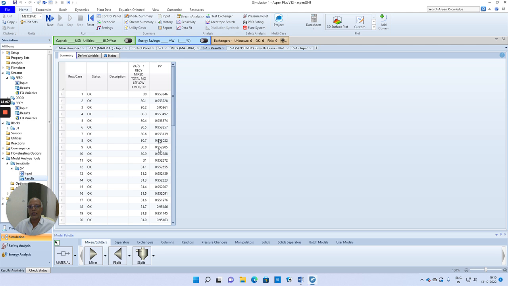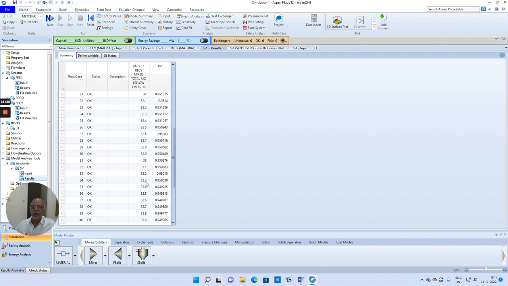So once again, you can see the results. We already know the solution. So you can see at 33.3 it is 0.95, and at 33.4 it is 0.9499. So the solution is somewhere in between.